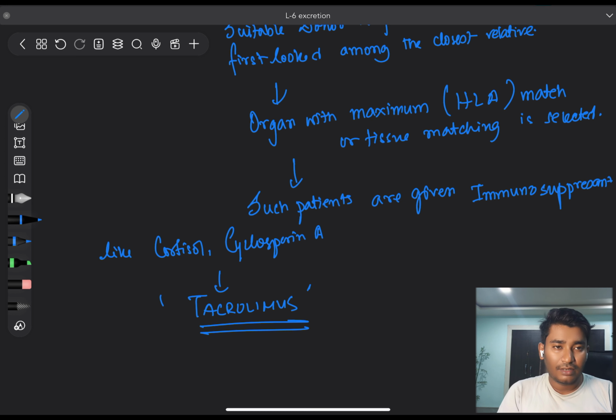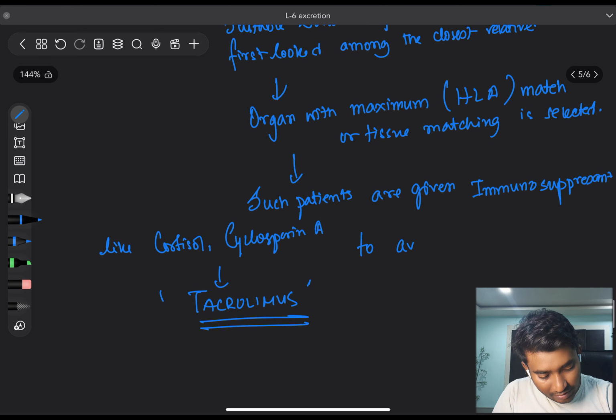We need to do regular blood tests of the patient to check for tacrolimus toxicity, as tacrolimus is used for a prolonged time to avoid unwanted immune responses.